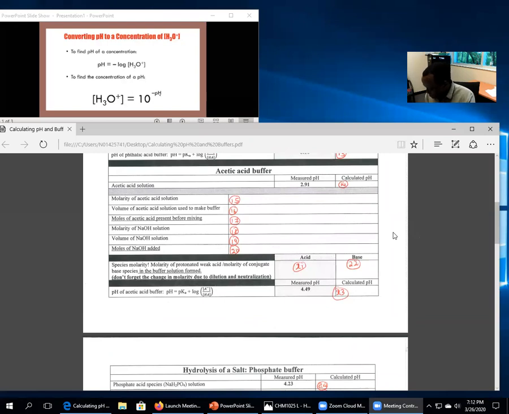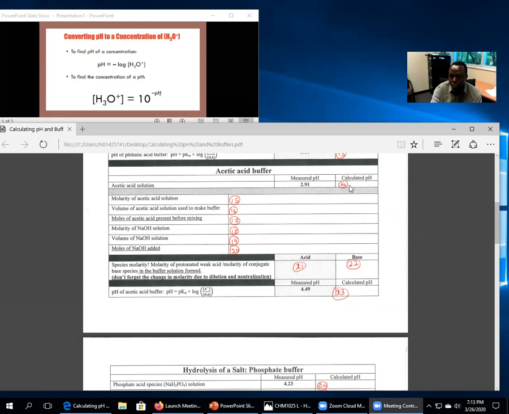Buffer solution, part 3, preparation of the buffer acid. Please look at the procedure as well. There are some numbers you will be required to use in order to successfully calculate and get the required number.